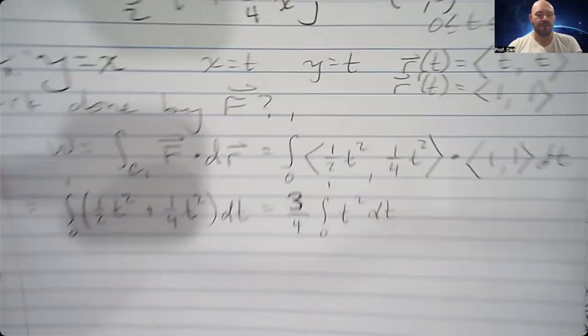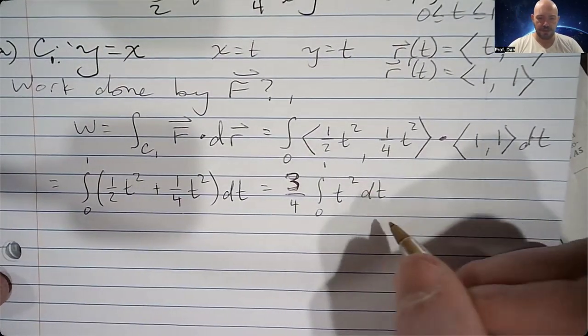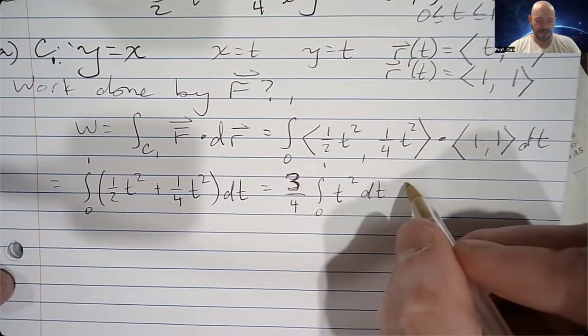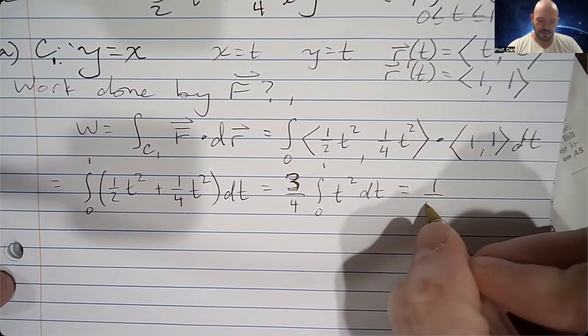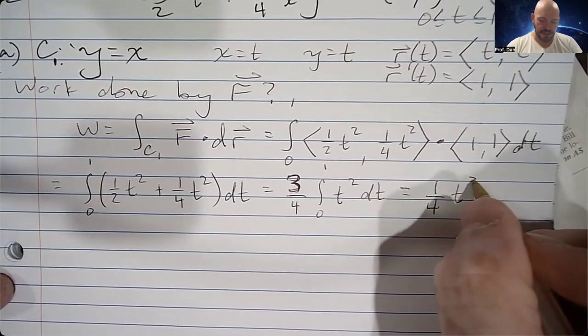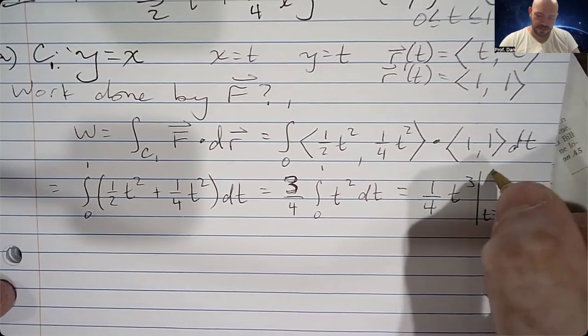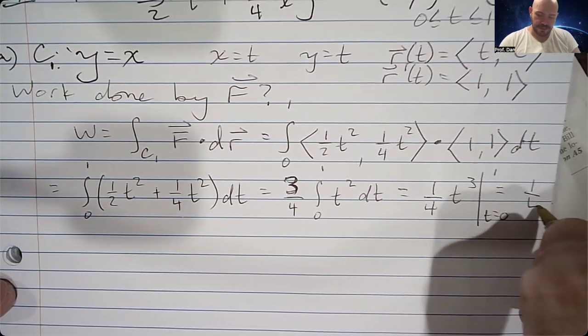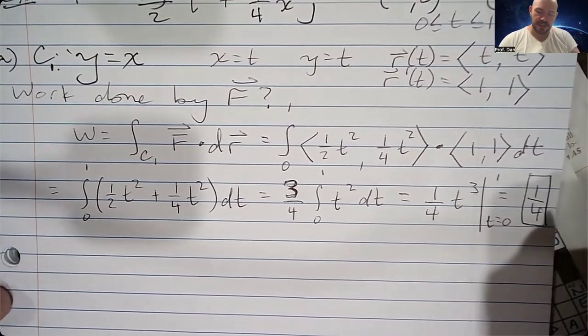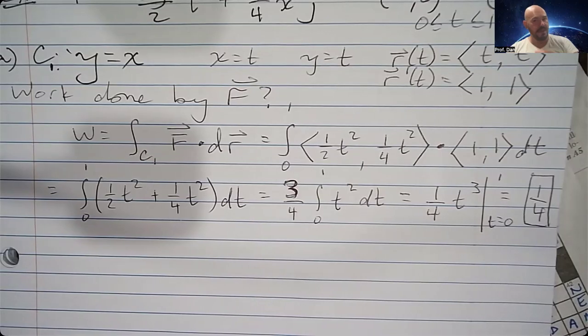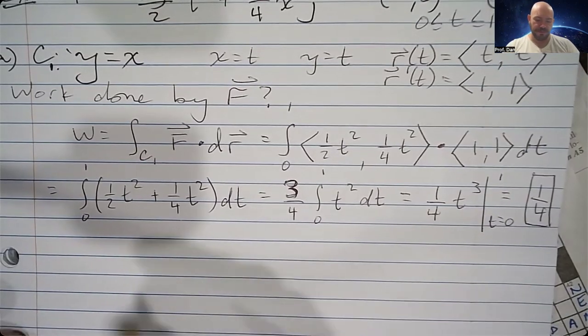Using my power rule, I end up getting t to the third over 3. Since I divide by 3, the result will be just 1/4 t to the third. We're going to evaluate that from t equals 0 to t equals 1, the result giving us 1/4. So the work done by that force field taking that path is 1/4.